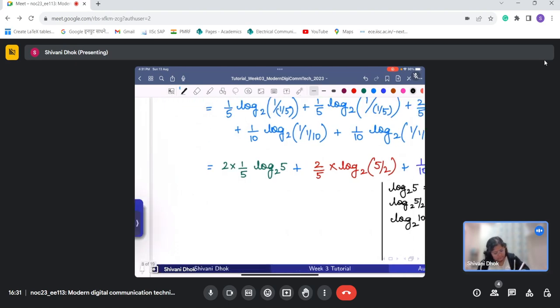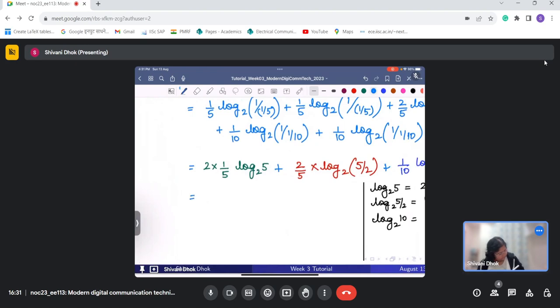And if you solve this entire thing after substitution, it comes out to be 2.1219 bits. So this is H(X).